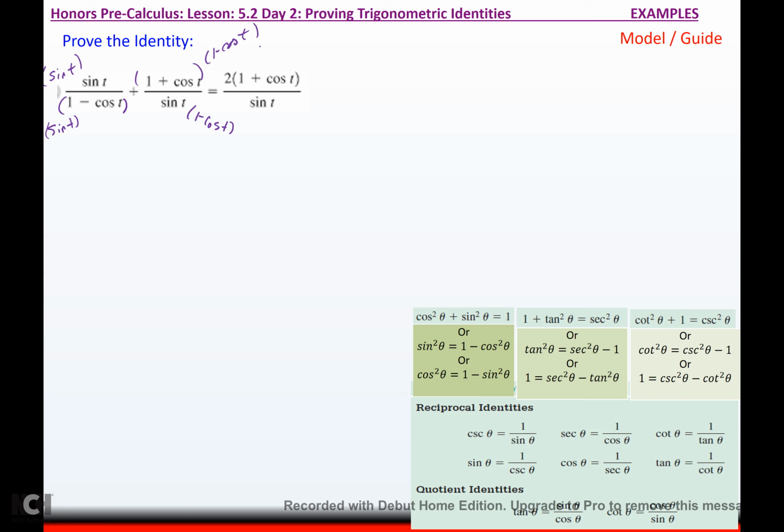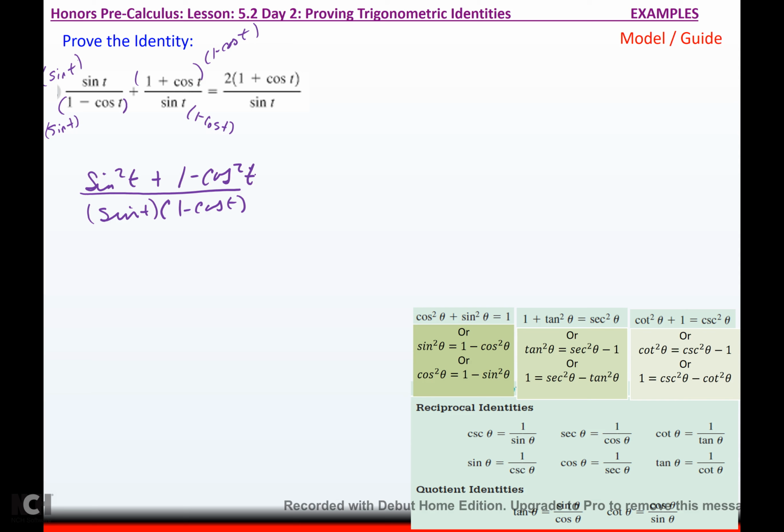So that common denominator is going to be sine t times 1 minus cosine t. On top, we're going to have sine squared t. And over here, that's going to be a difference of squares, so that's going to end up to be 1 minus cosine squared t.